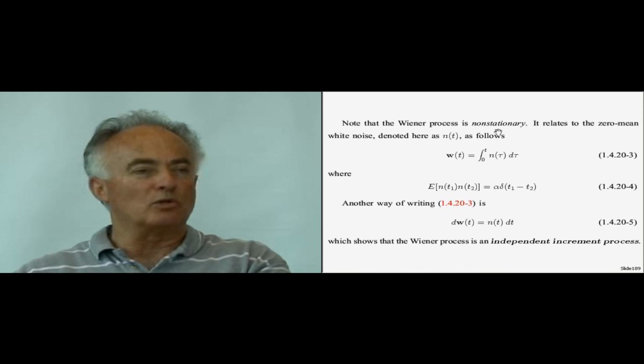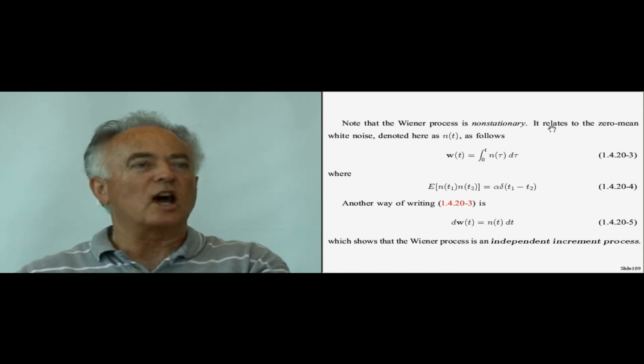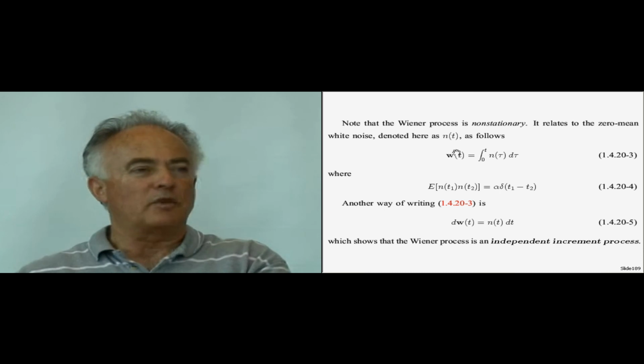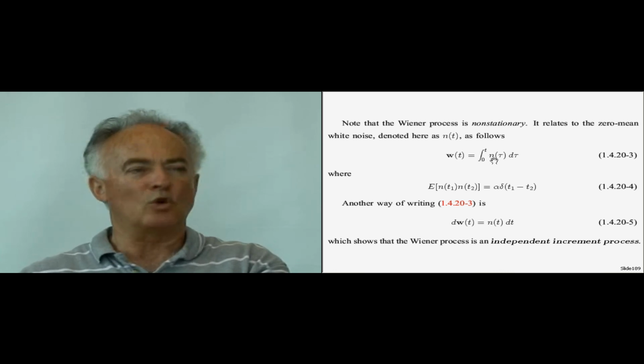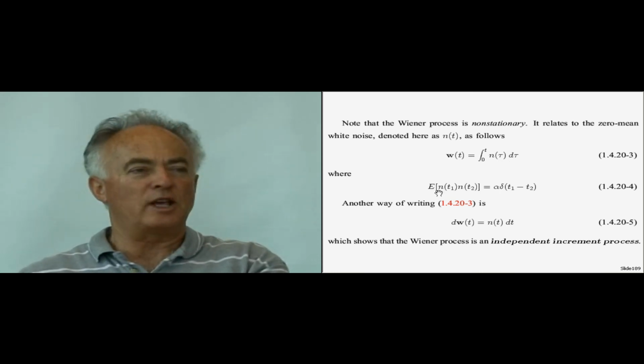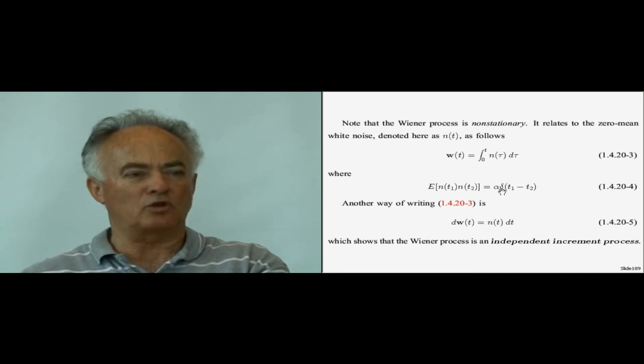In addition to being non-stationary, it's interesting to see how it relates to a zero-mean white noise that we denote as n(t). Specifically, w(t), this process, is the integral from 0 to t of a zero-mean white noise, n(tau) d tau, where, being white, the autocorrelation of this, or autocovariance, because we said it's zero mean, is alpha times a Dirac delta function, delta(t1 minus t2).